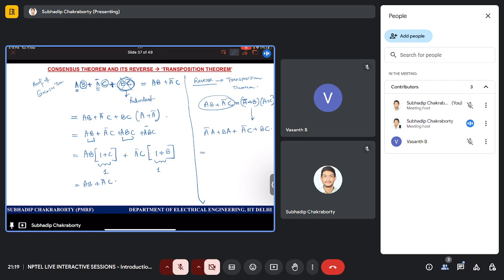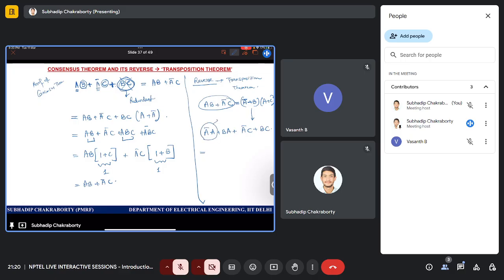So let us try to prove A bar plus B into A plus C. What we are getting is A bar A plus BA plus A bar C plus BC.